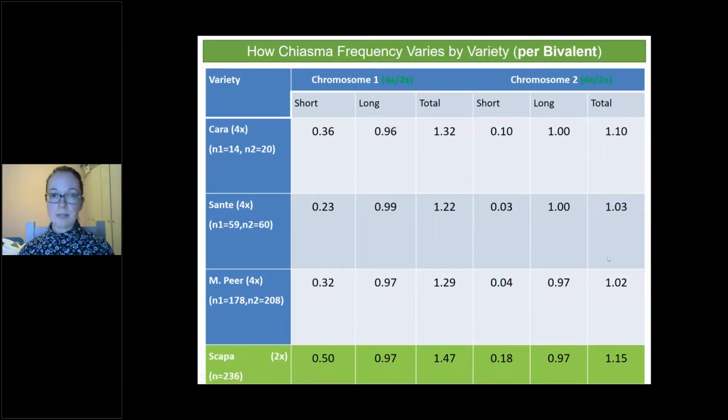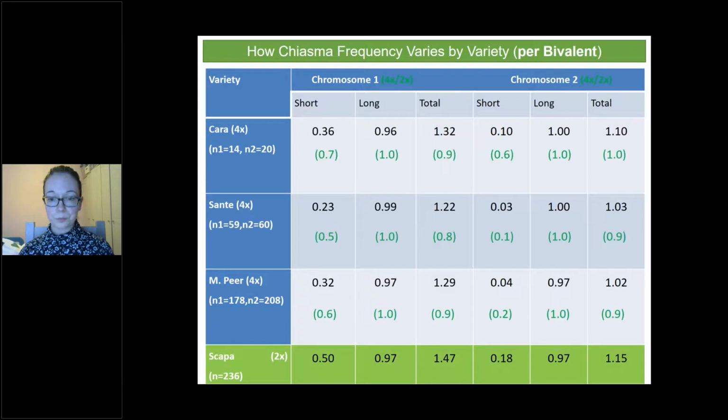So this is the same table as we had before, but it gives us an idea of what's going on per bivalent. There are two bivalents in the tetraploid, so we normalize this to give a per bivalent value. And then we can compare the 4x to the 2x value as we did before.